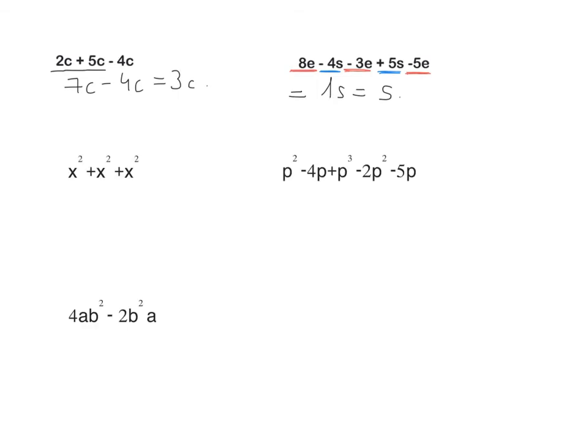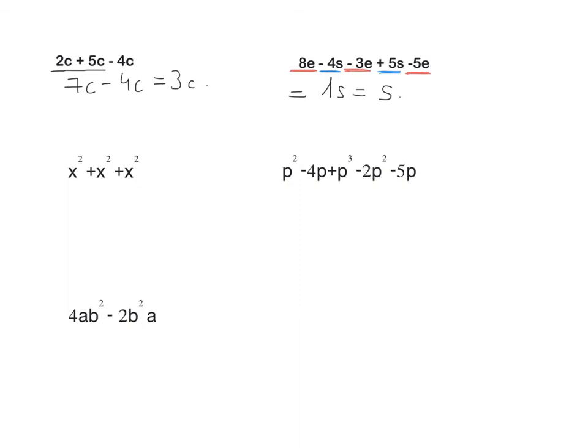Okay, so let's try the next 3 ones, and as you can see, we have powers in here. The first one is x squared plus x squared plus x squared, and you need to notice x squared is not the same as x. x squared is x multiplied by x, and it's different than x, so this is a different term. We cannot add x and x squared or x to the power of 3.